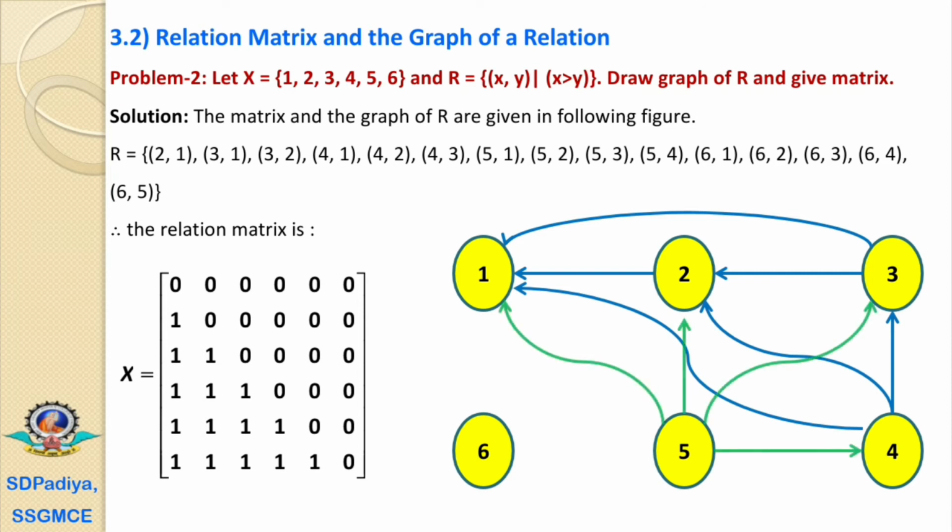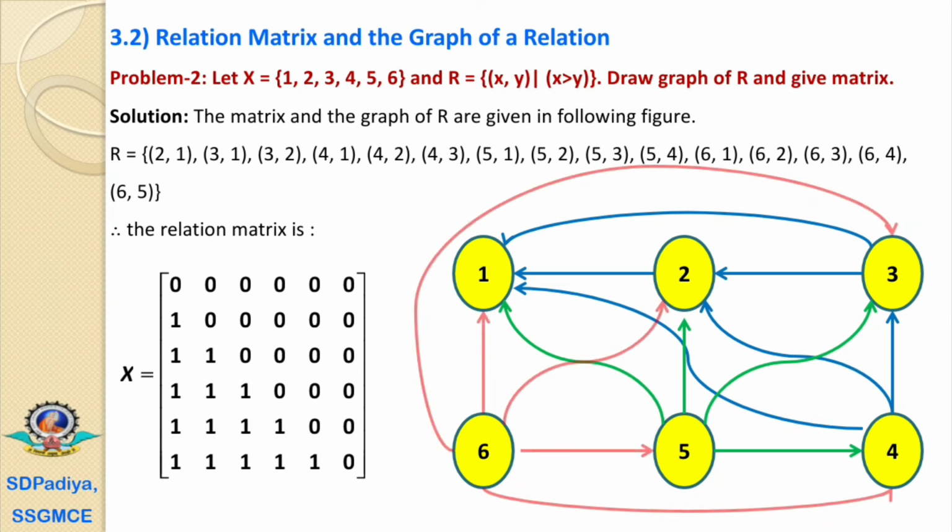That's why they are shown with these green arrows: 5 has a relation with 1, 2, 3 and 4. And the last, for node 6, it has a relation with 1, 2, 3, 4 and 5. It is shown with the red lines.